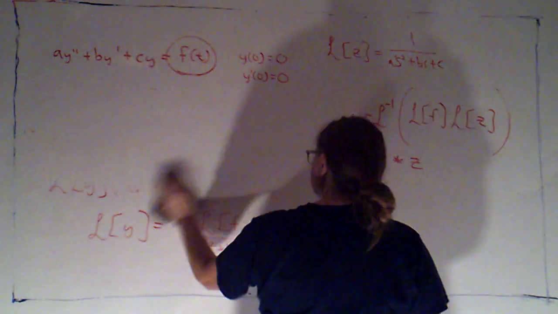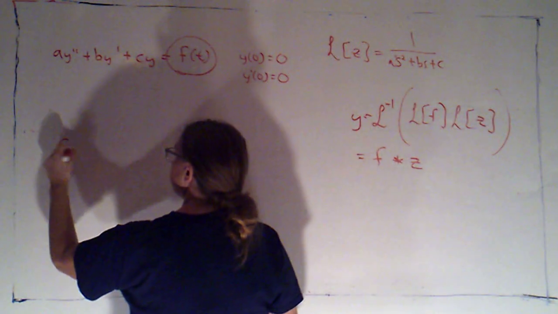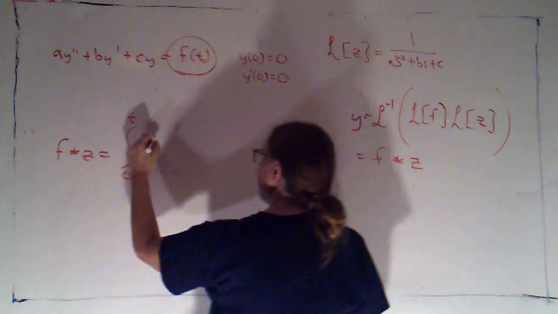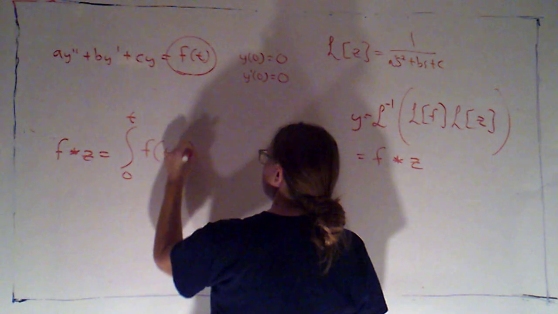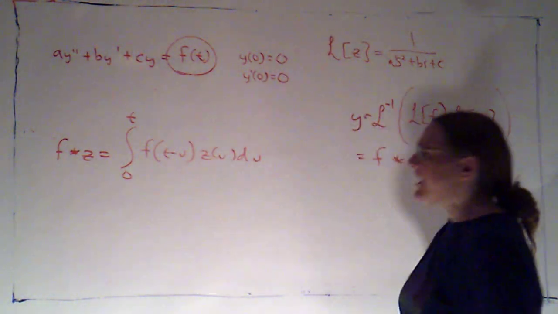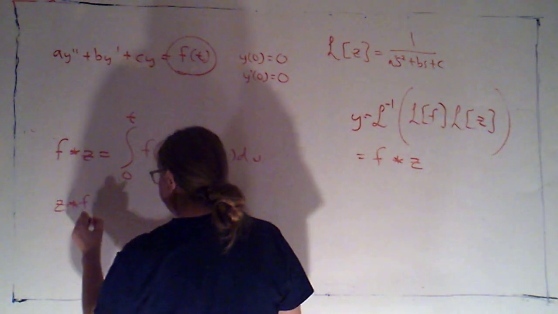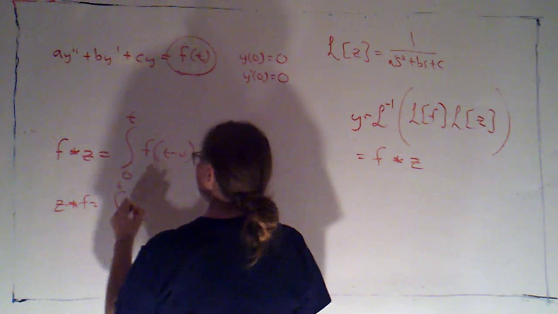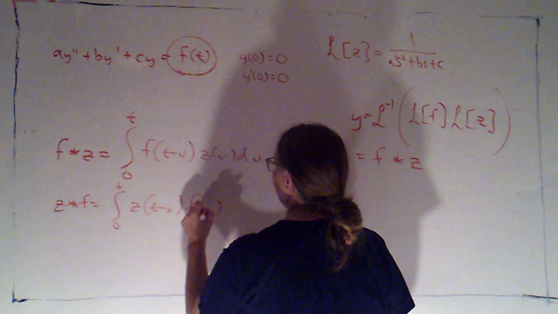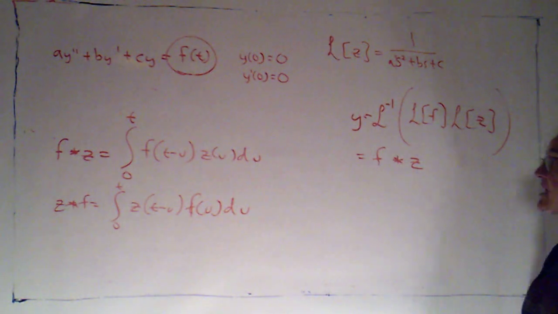Now, based on the definition of a convolution, which is that f star z is the integral from 0 to t of f of t minus u times z of u du, it's not at all obvious that that should be the same as z star f, which would be the integral from 0 to t of z of t minus u times f of u du, but they are equal.